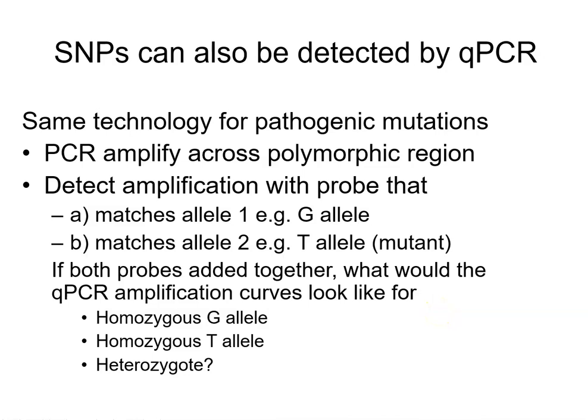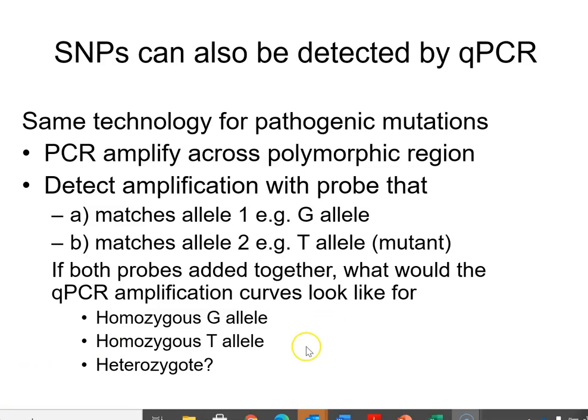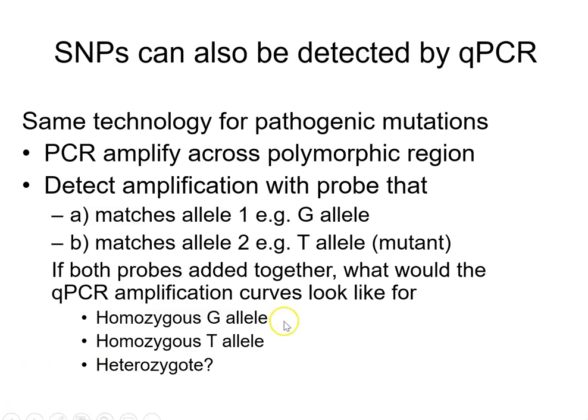Because this particular phenotype can only be caused by one or two different changes. So for example, if we're interested in cancer subtyping, we may know that there's a mutation in an oncogene that drives cancer, and we may want to know whether that mutation is present, because that might determine what drugs we give.